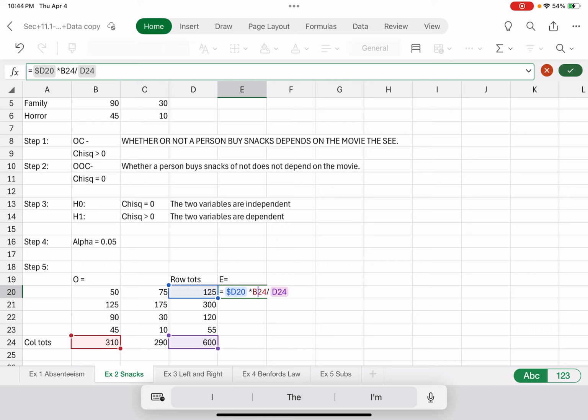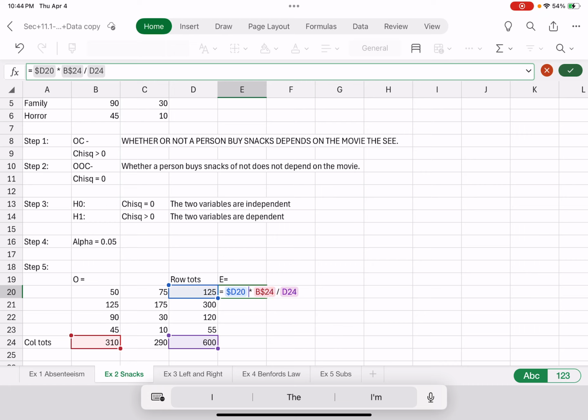Okay, now when the row changes, I don't want the column total to change. I don't want that to change, so I'm going to fix that column. However, I do want the column to change if I change columns. So this B24 is my column total. And if I move this cell that gives me the expected frequency, if I change cells to a different column, I want that column total to change.